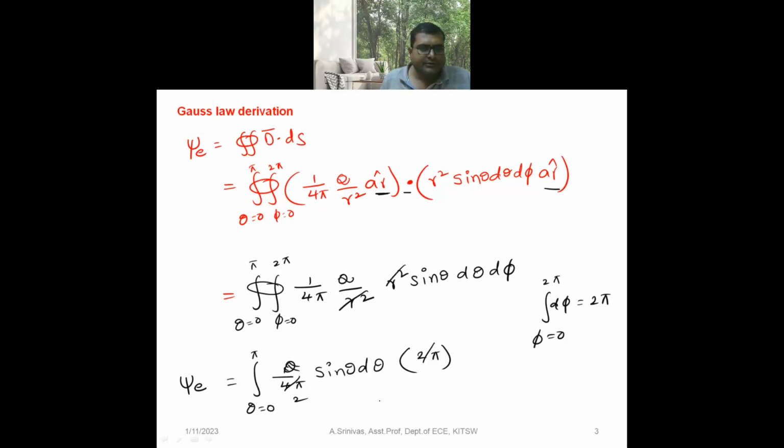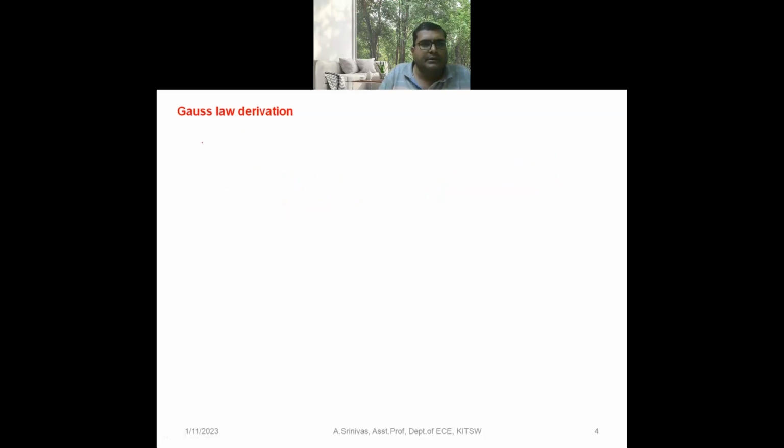let us continue to the next page. Electric flux is equal to the integral, theta from 0 to pi, of Q by 2, which is constant, sine theta d theta, and it is equal to Q by 2 times minus cos theta.